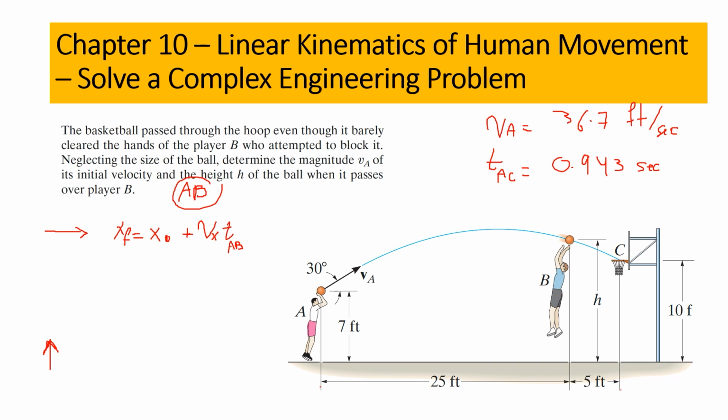So what is my x final? How much is x final? 25. X initial, 0. I'm starting from 0. Plus, what is Vx? It's VA, but I know what VA is, right? How much is VA? So you say 36.7 multiplied by cosine 30 multiplied by TAB, correct? How many unknowns do I have here? 1.